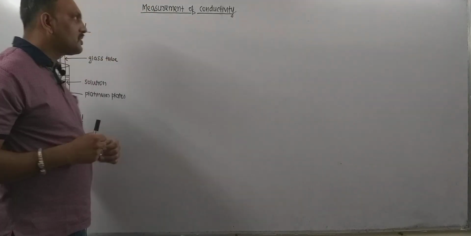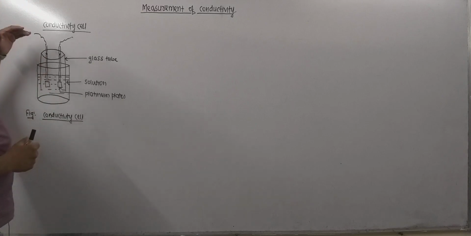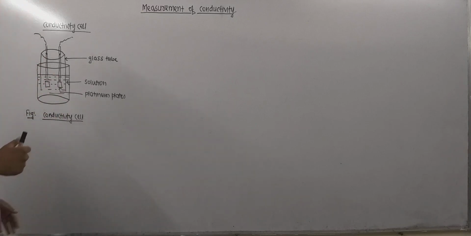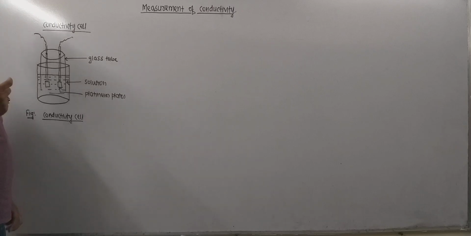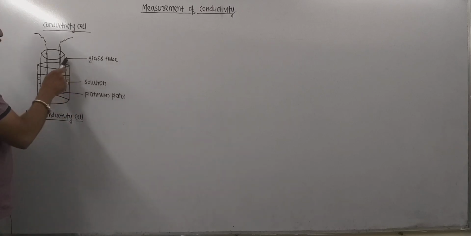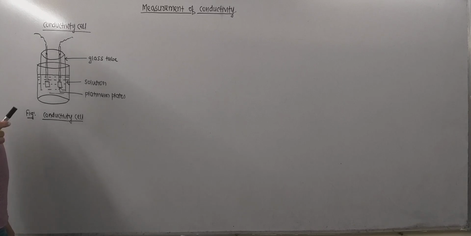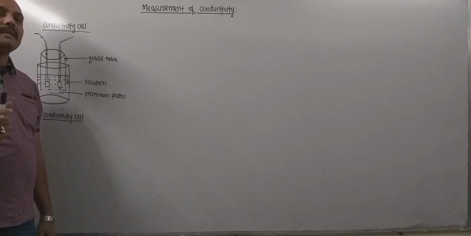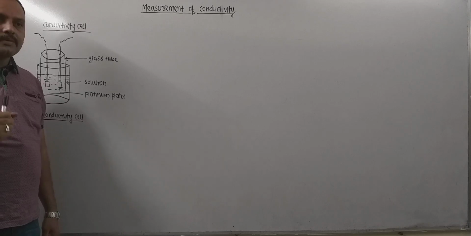Now for this, the very first thing to be used in an experiment is the conductivity cell. The conductivity cell consists of a glass tube which is coupled with platinum plates, and remember, the platinum plates must be coated with platinum black.